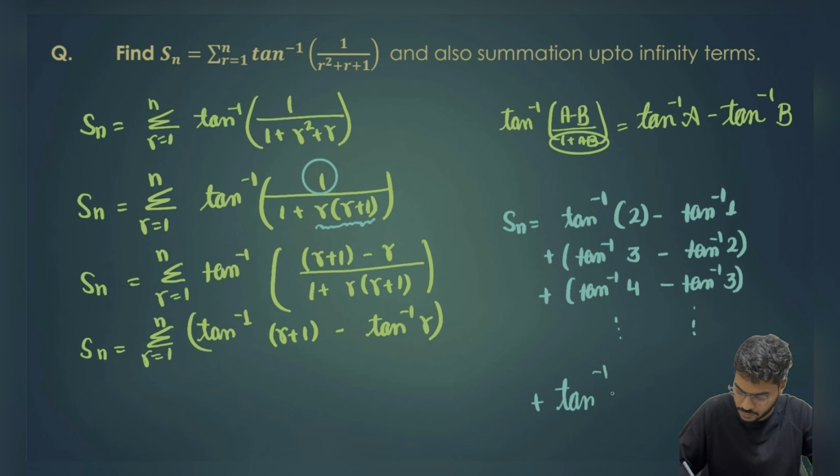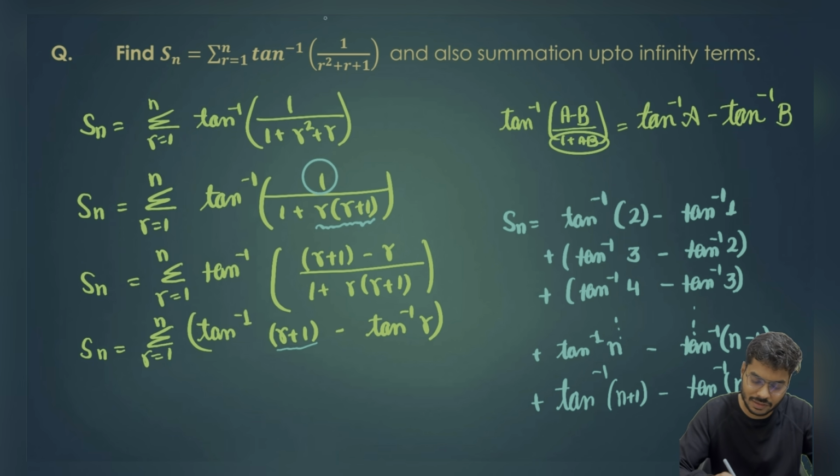Tan inverse (n plus 1) minus tan inverse n, right? What is the previous term I will get? Put n minus 1: n minus 1 plus 1 is nothing but n, minus tan inverse (n minus 1).